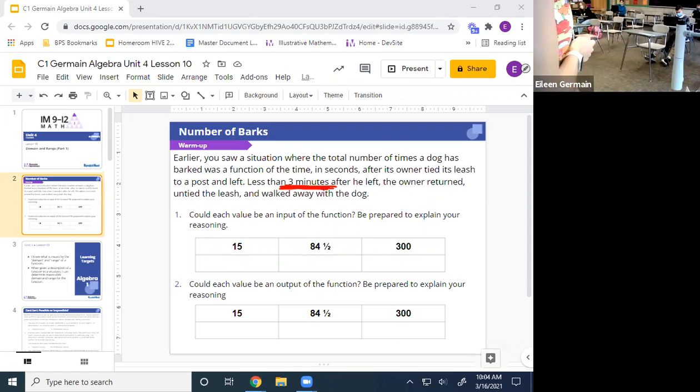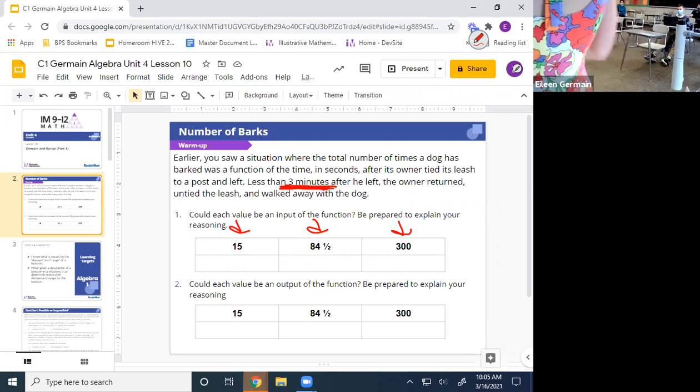You need to think now with the context of this story and the values that we're testing here. You need to identify, can each one of these values be an input that we could plug into this scenario? Tell me yes or no. Be prepared to explain why. And can these same values be outputs that we could get?